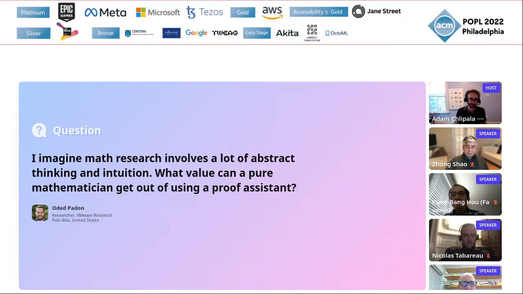So Peter Scholze is a Fields medalist, and he wrote a blog post a few months ago, now published actually, in Xena, where he flags two specific things.